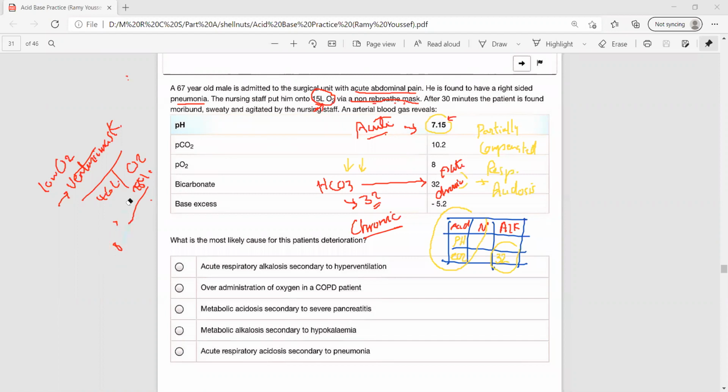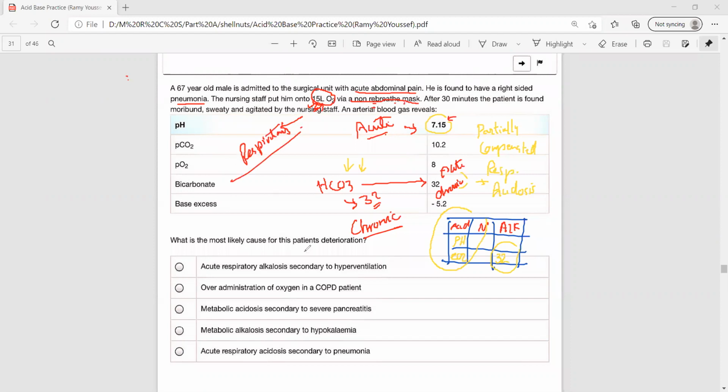This is simply a patient with chronic COPD, and I give the patient oxygen through a non-rebreather mask at the highest rate, 15 liters. This patient went into respiratory depression.